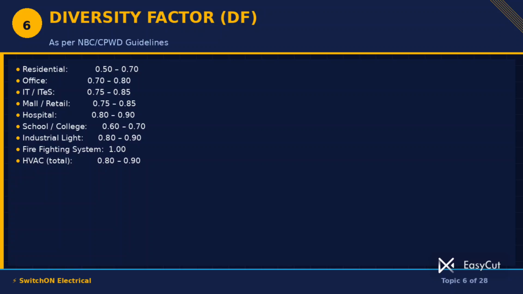In residential it will be 0.5 to 0.7. Why? Because 50 to 70% of the total connected load is running. You can see in residential homes, from 11 to 6 all the lights will be off.